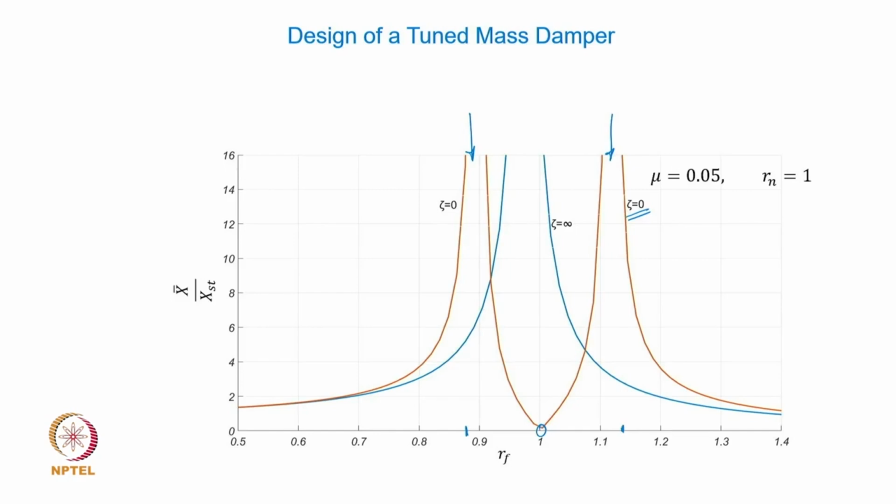So by changing the value of zeta, the character of the response obviously changes as expected. It is plotted for the same parameters as we defined earlier.